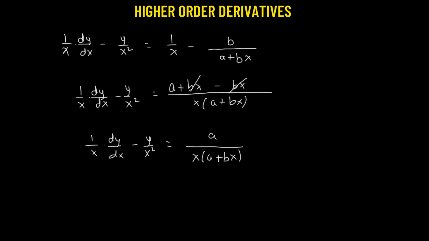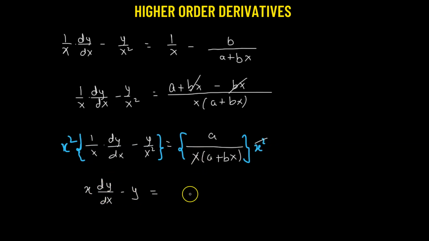What we're going to do now is multiply both sides of the equation by x squared. So we multiply x squared to the right hand side as well, and this gives us x times dy over dx minus y equals, so here 1 x and 1 x cancel out, so we have a times x divided by a plus bx.